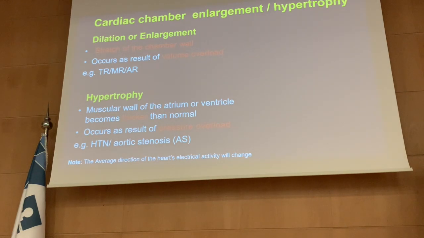So if the patient has dilatation, we know the causes now. But if he has hypertrophy, you really need to pay attention to this terminology. So what is the difference between dilatation and hypertrophy?